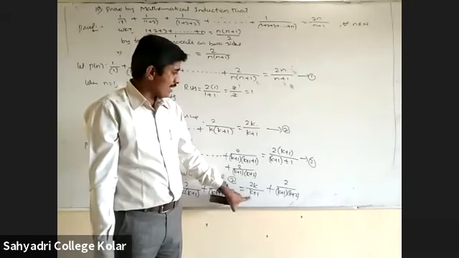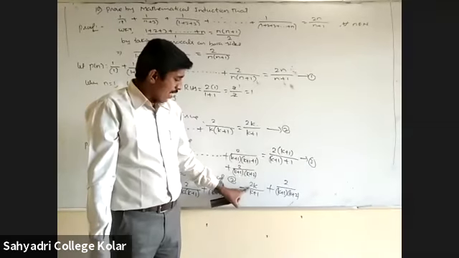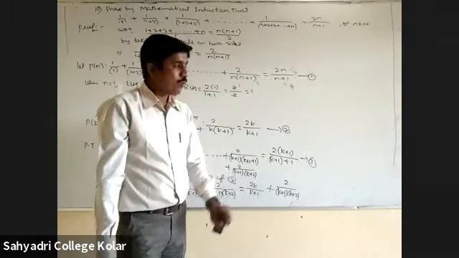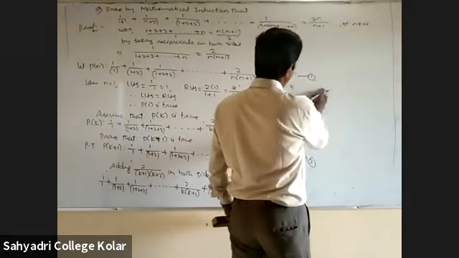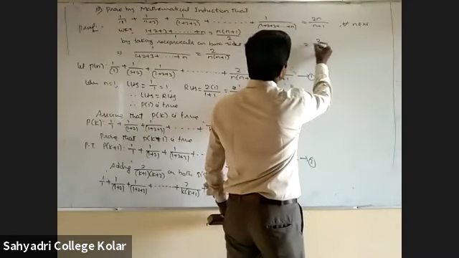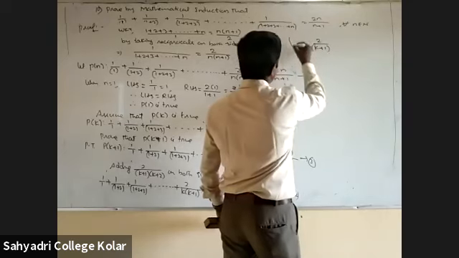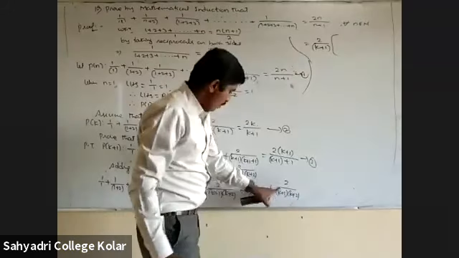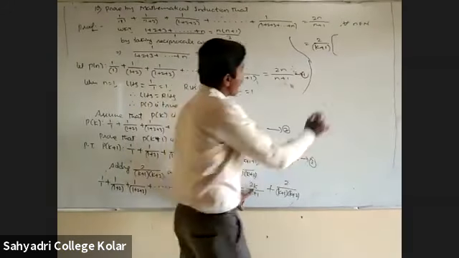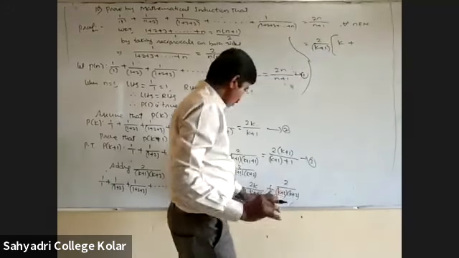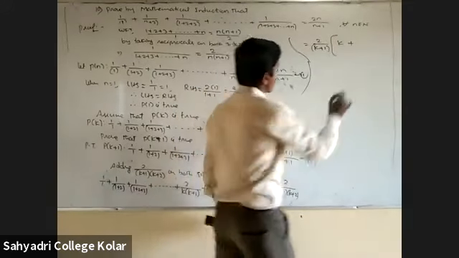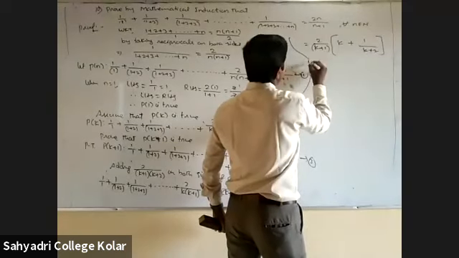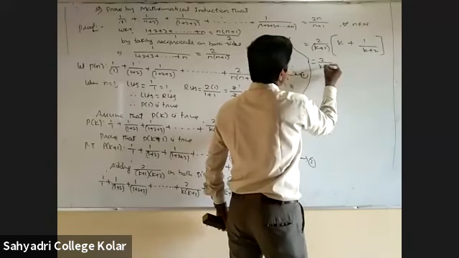I am going to express this RHS in terms of equation 3. Here I am taking a common factor. In the two terms, numerator common factor 2, denominator k plus 1. 2 by (k plus 1) is the common factor; remaining is k divided by 1, plus 1 by (k plus 2).